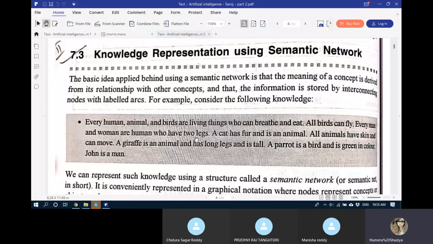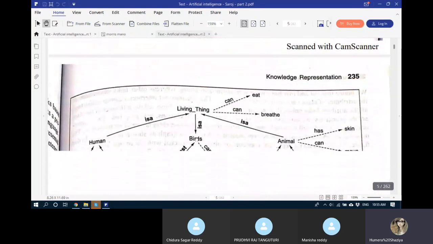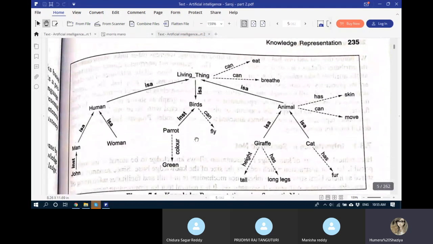But how is it actually represented in the brain? In which format is it? But somehow we want the machine to have a particular representation so that it should be able to infer new knowledge.